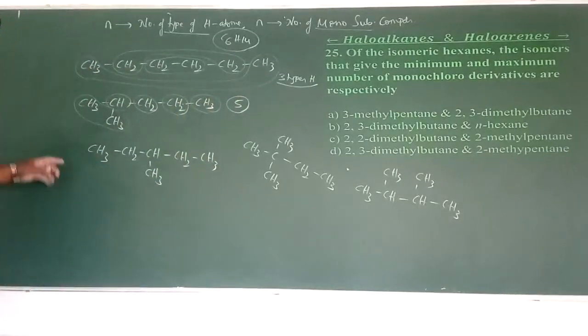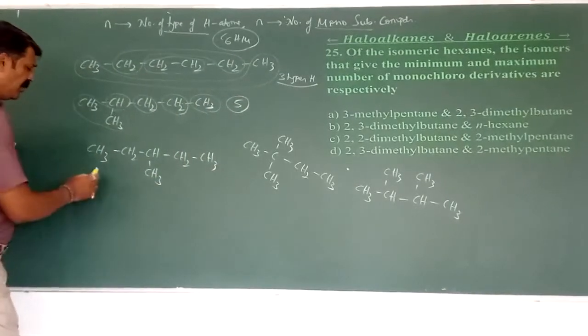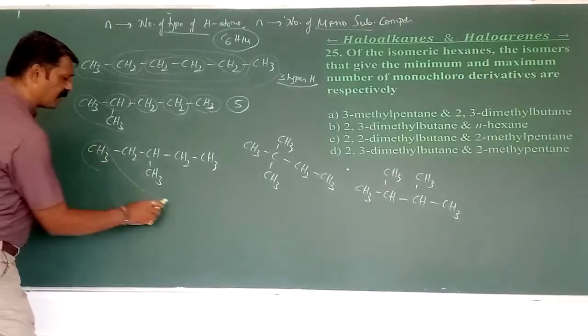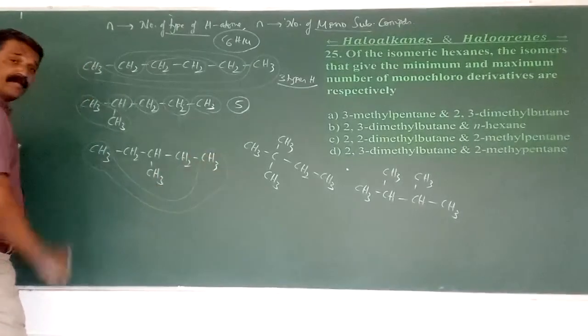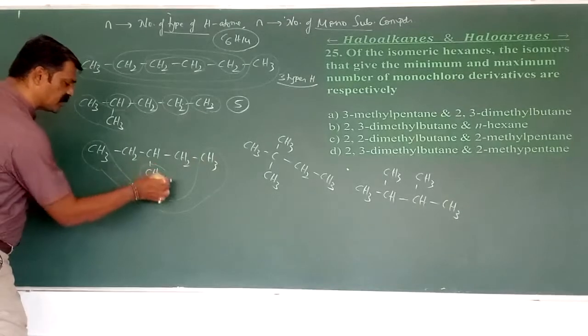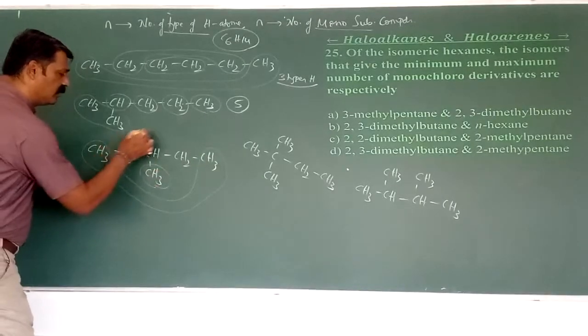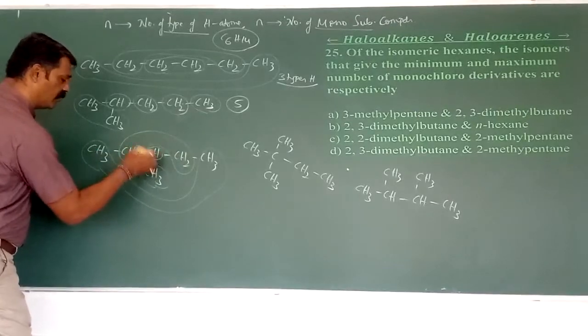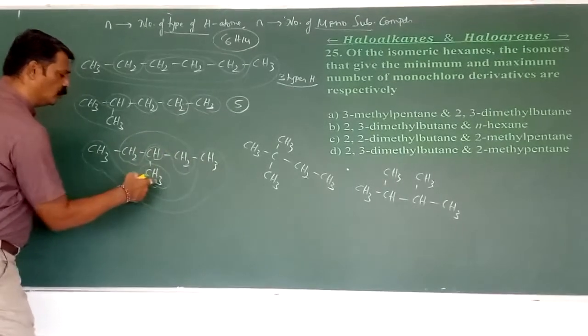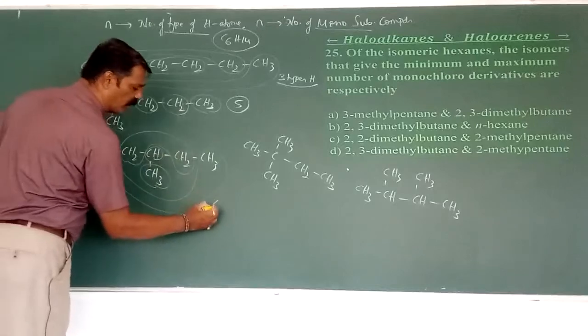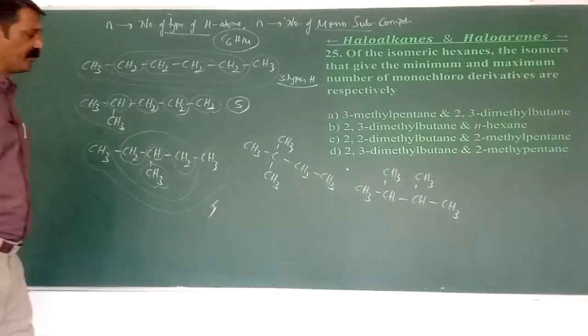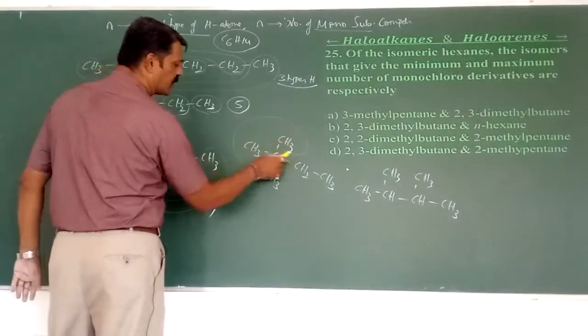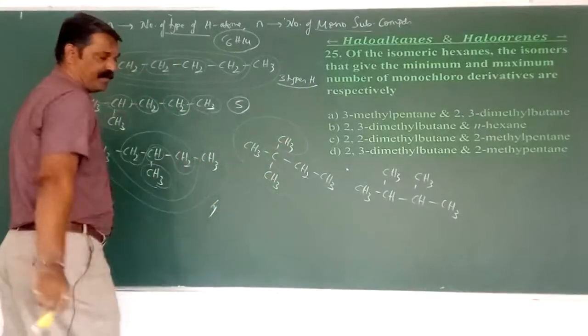There it is 3 types. Here I think these two are the same. This is one category, but different from the second one. These two are of another, and this is one. 1, 2, 3 and 4. 4 types of hydrogens are there. Next here, these 3 are the same, one type.